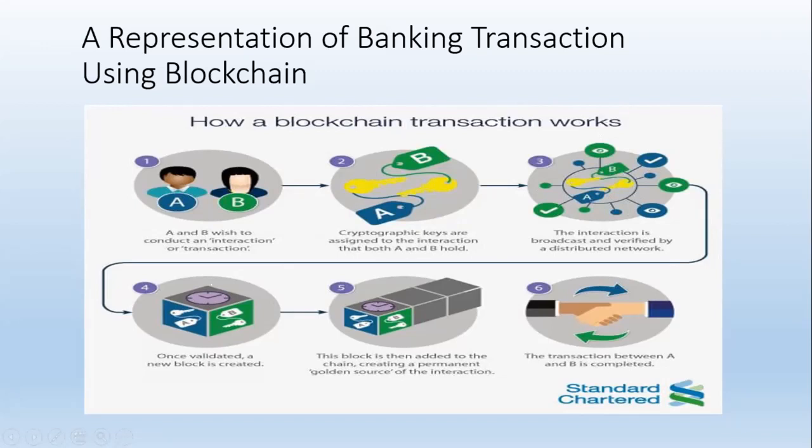Once it is verified, the block is created and then the block is added to the chain of blocks, and the transaction is completed between person A and person B. So there is no middle person required here. So transparency is there, visibility is achieved, security is achieved here.